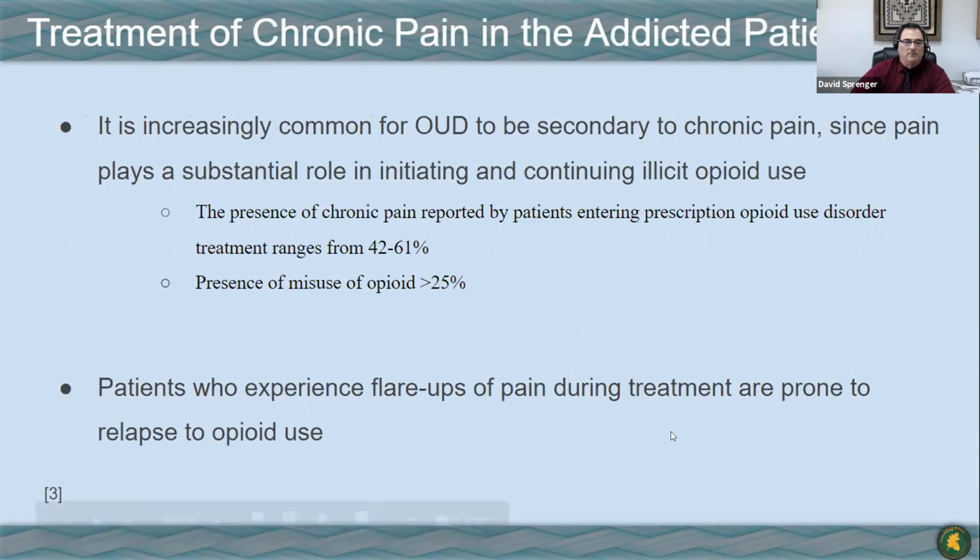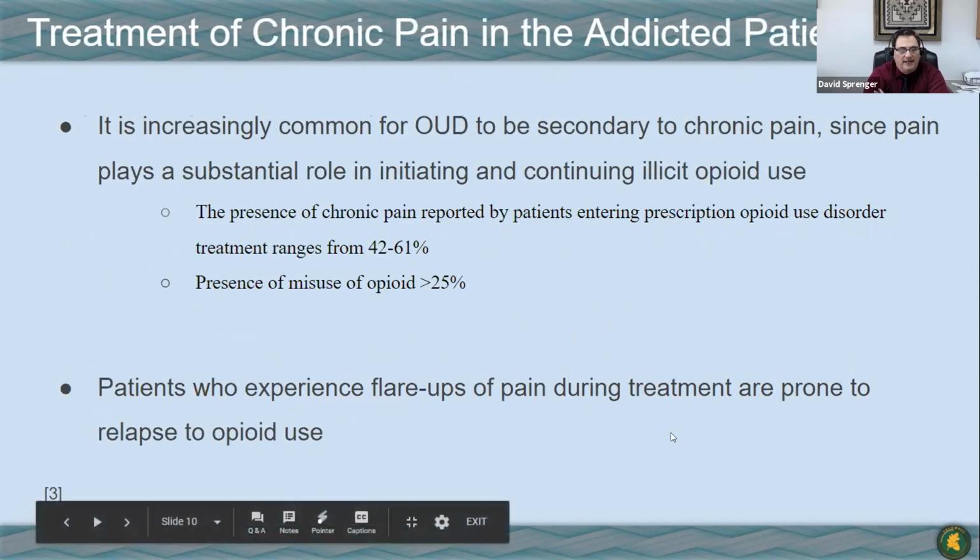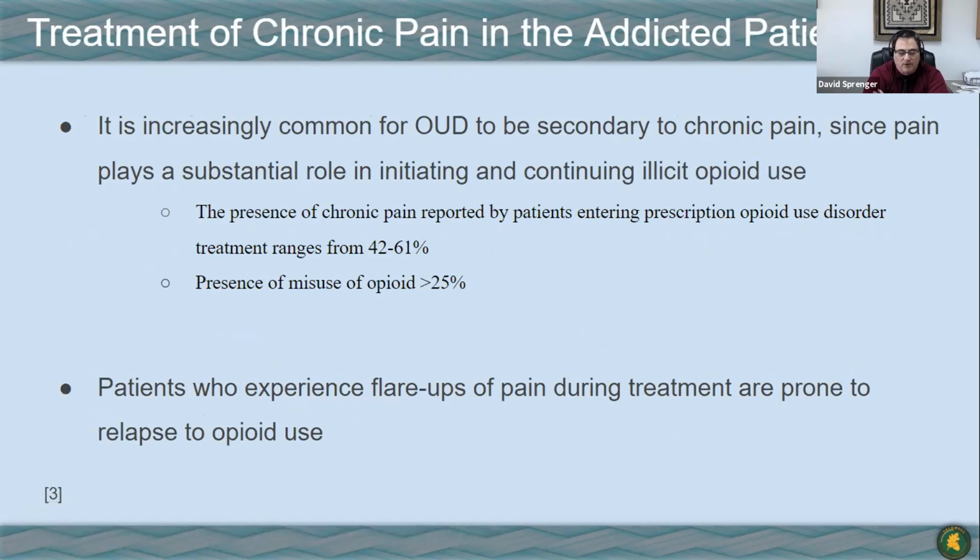Okay, so moving on to treatment of chronic pain in the addicted patient. We're going to talk about the person who has been diagnosed and the patient who has not been diagnosed, and how to deal with chronic pain in those cases.